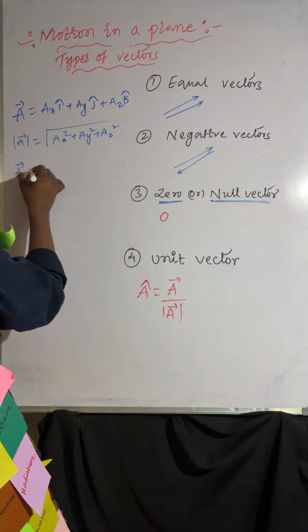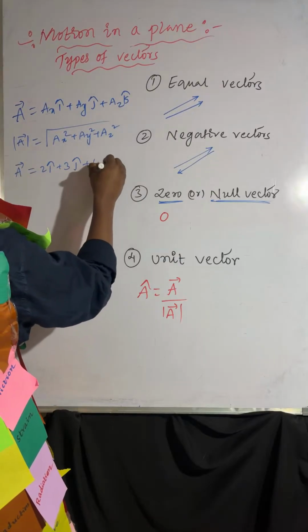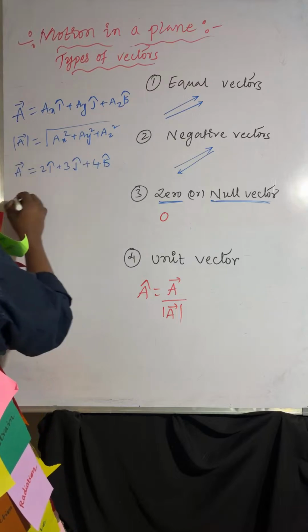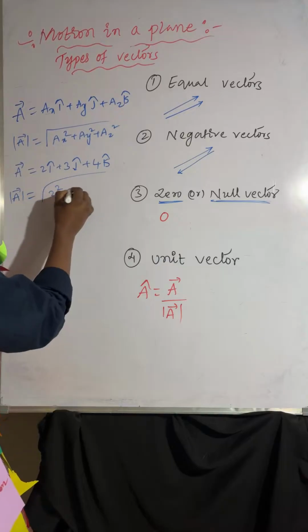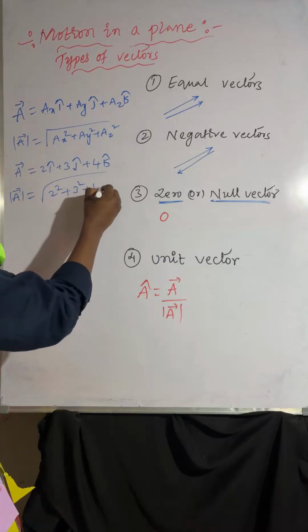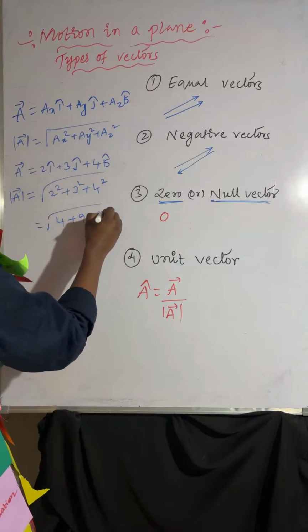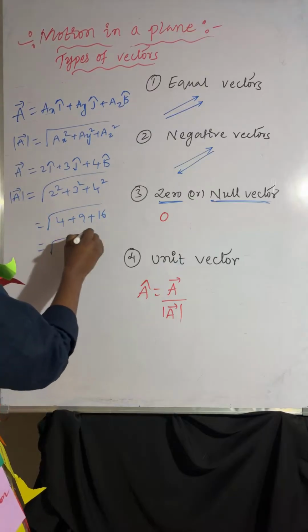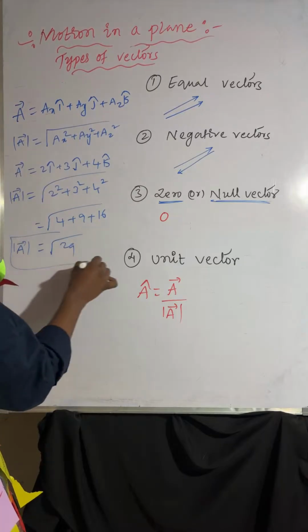Suppose you are taking A bar equal to 2i cap plus 3j cap plus 4k cap. Then you'll get mod A bar equal to root over 2 square plus 3 square plus 4 square, then root over 4 plus 9 plus 16, then root over 29. So mod A bar equal to root over 29.